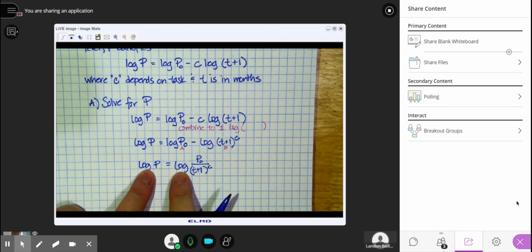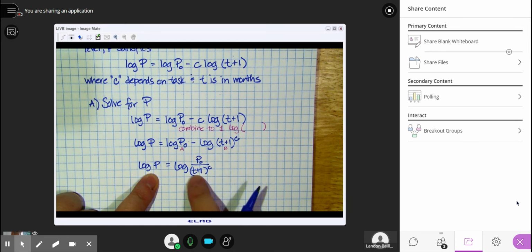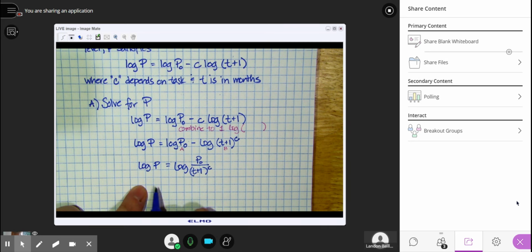These logs are the same base. What base are these logs? So I can do this a couple of ways. If the log of P is equal to the log of P0 over T plus 1 to the C, doesn't that mean that P has to equal P0 over T plus 1 to the C?